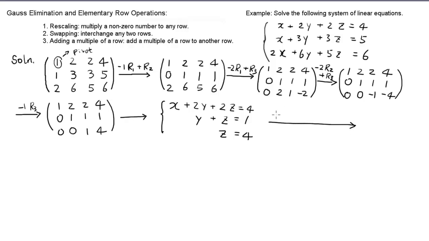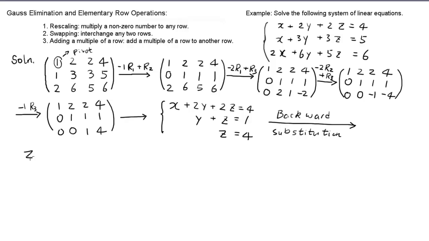So let me write down. This step is called backward substitution. So we solve the last one first.